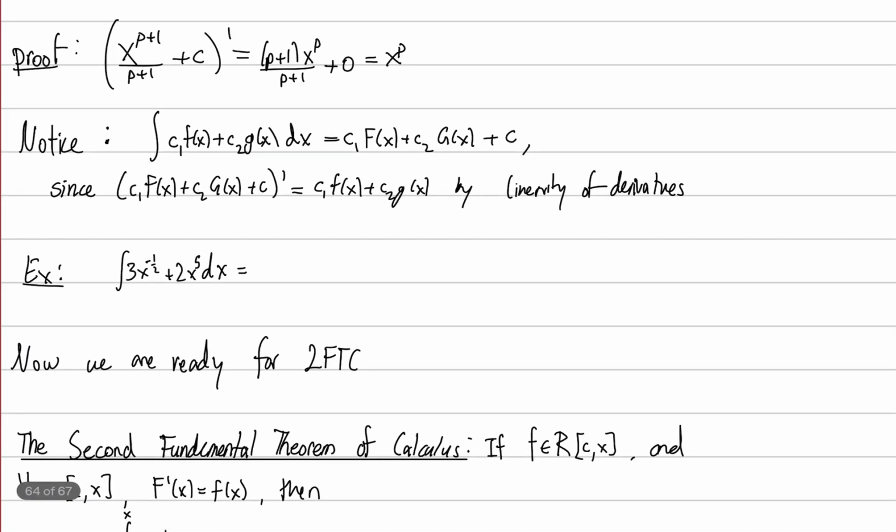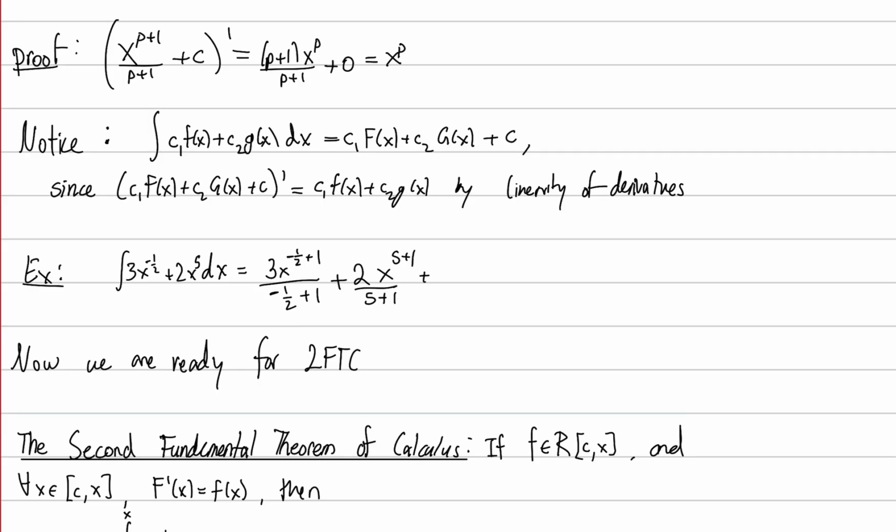So here's an example of what we want to compute: the antiderivative of 3x to the negative 1/2 plus 2x to the power of 5 dx. In this case, we take 3x to the power of negative 1/2, add 1, and divide by negative 1/2 plus 1. Then we take 2x to the power of 5, add 1, and divide by 5 plus 1.